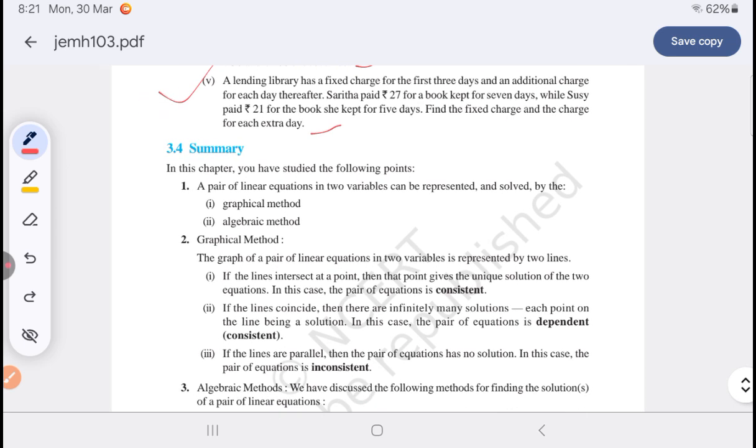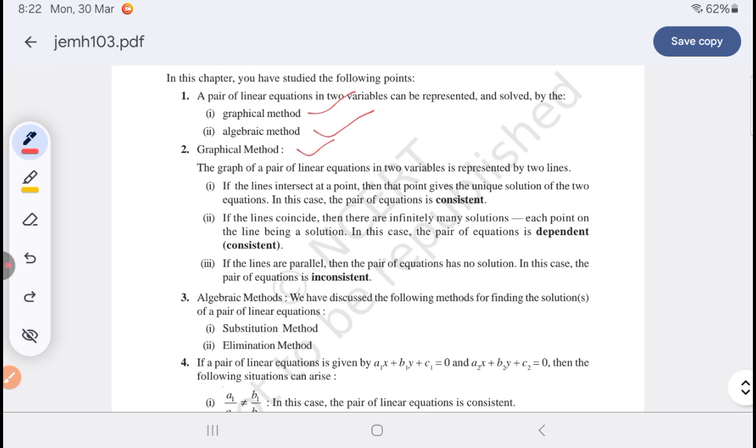So let us summarize what you learned in this chapter. In this chapter we have learned the following points. A pair of linear equations in two variables can be represented and solved by graphical method and algebraic method. So what is the graphical method? The graph of a pair of linear equations in two variables is represented by two lines. If the lines intersect at one point, then that point gives the unique solution of the two linear equations.